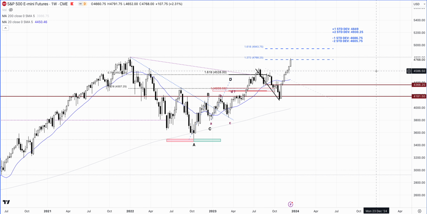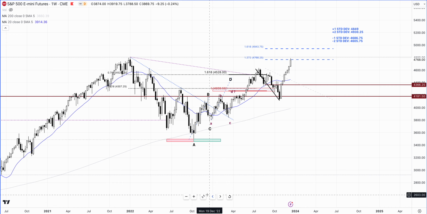Moves beyond the +2 or -2 standard deviations tend to be rare, but they do happen, and those are the particular ones we need to pay attention to if such a thing happens. But this is what we are looking at in terms of the range for the market.